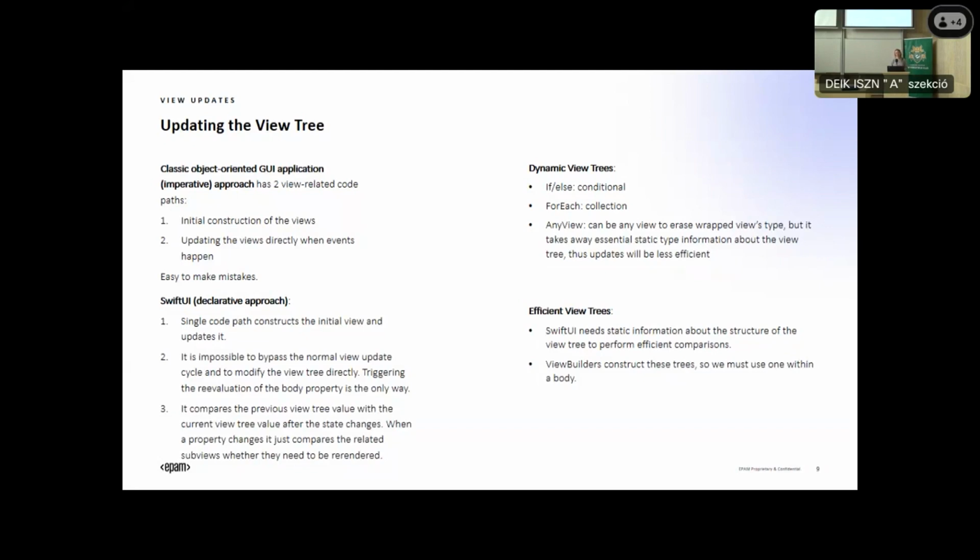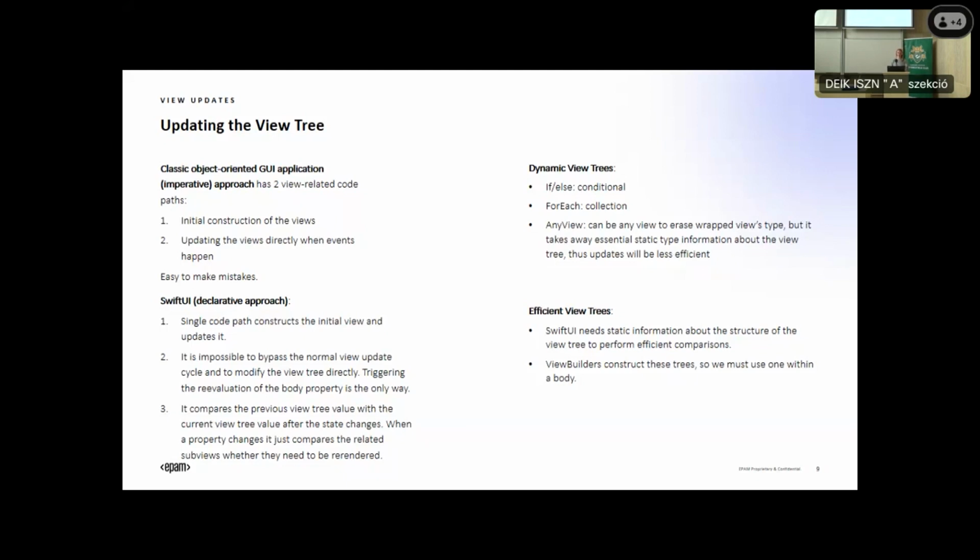The thing is, it's very easy to make mistakes. Probably you have made mistakes as well during coding. But this is what the declarative approach of SwiftUI prevents. It has a single code path that constructs the view, and a single path that will update it. It's impossible to bypass the normal view update cycle. You cannot modify the view tree directly. The only way is to trigger the reevaluation of the body property.